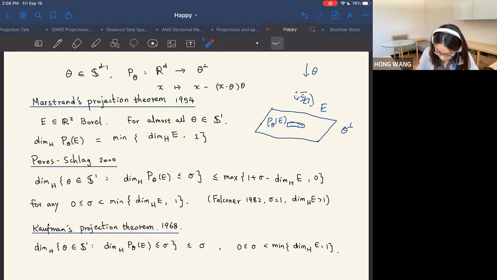And then after that, Peres and Schlag proved a result about the exceptional set, meaning the set of theta such that the projection image is small should have bounded dimension.